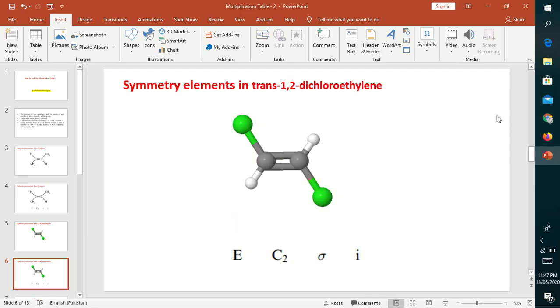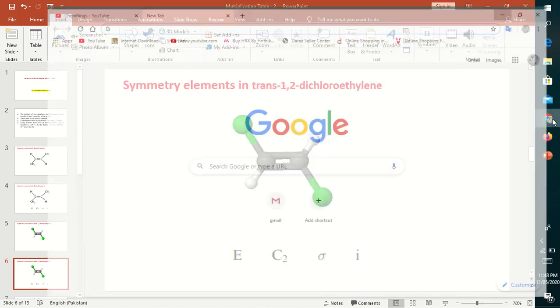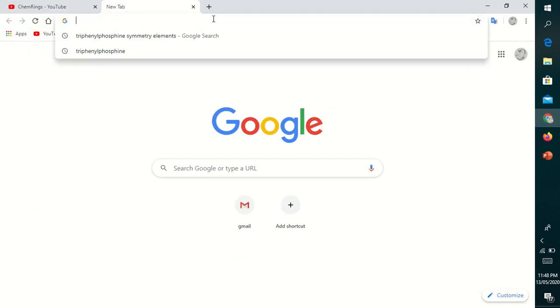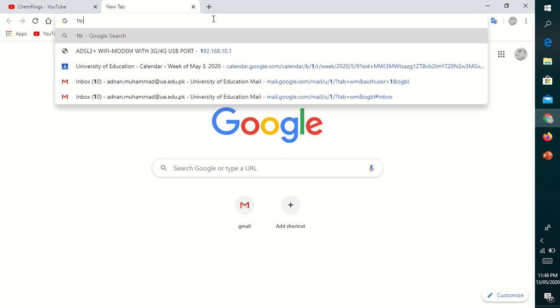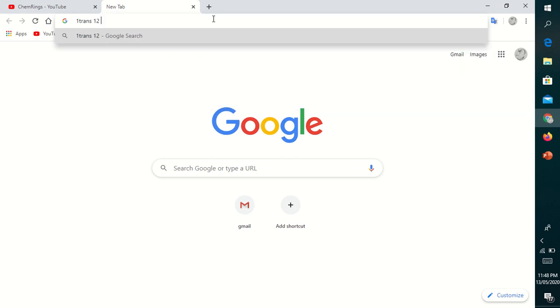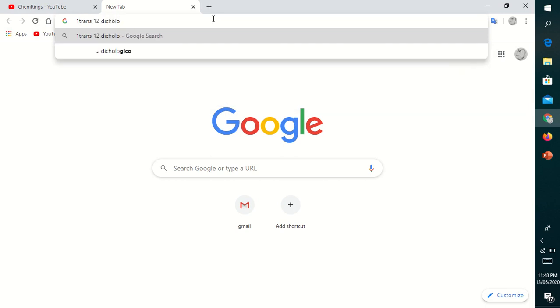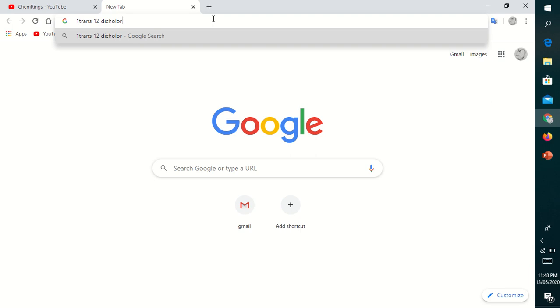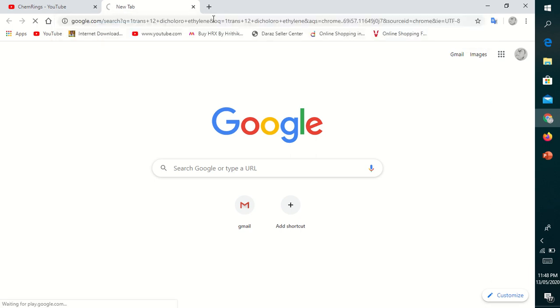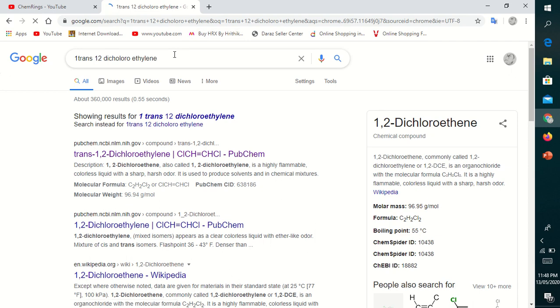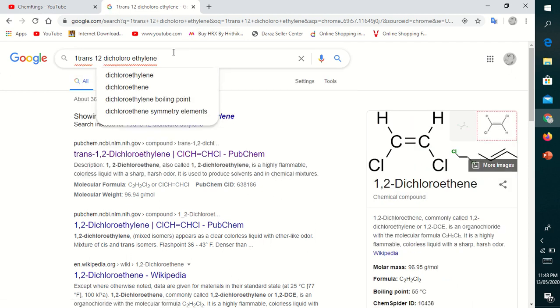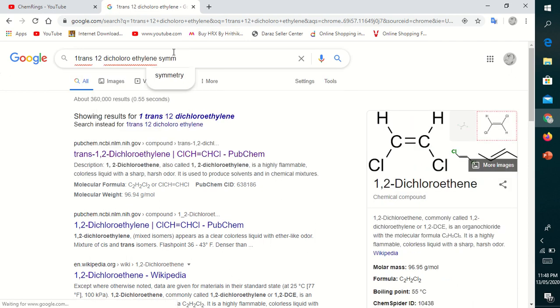Why not go for the three-dimensional structure of trans-1,2-dichloroethylene for a better understanding of the structure of this molecule. Here I would like to type trans-1,2-dichloroethylene, and herein I would like to write the symmetry elements.